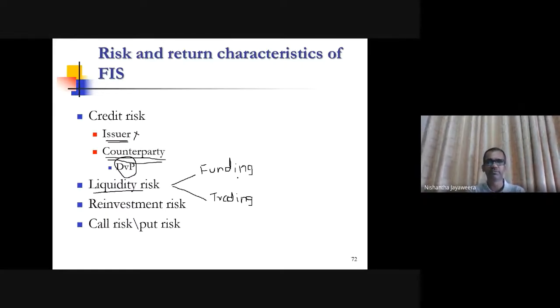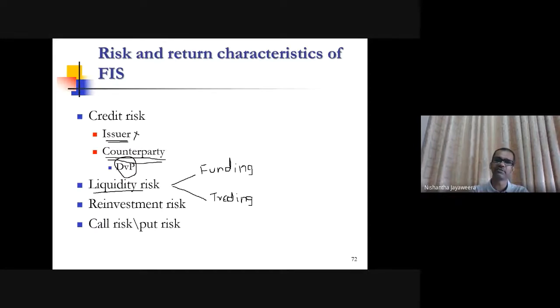You may have to borrow, otherwise you fail. You are going to default. So you want to avoid that situation. Whatever the cost, you are willing to pay, but there's no one in the market to lend you. That can happen. So that is the funding liquidity risk.